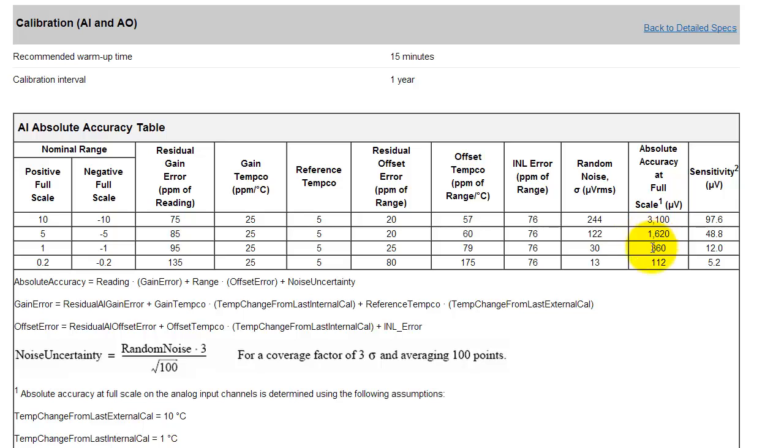Here you have 0.3 millivolts for the plus or minus 1 volt channel, and the best accuracy we can get is for a plus or minus 200 millivolt range, giving us 0.1 millivolt absolute accuracy. Hopefully you can see how that ties in to lecture 2 and what we've been learning about uncertainty.